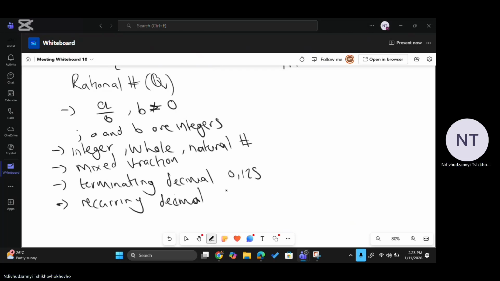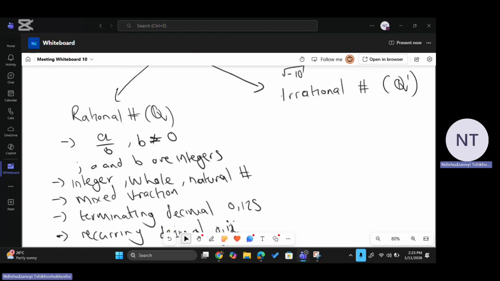Sorry, I'm rushing there. A recurring decimal would be 0,11 or 0,1212, then they put dots there so you know it's repeating. So you know it's repeating 1, 2, 1, 2, 1, 2 after the comma. So that's your definition for a rational number.